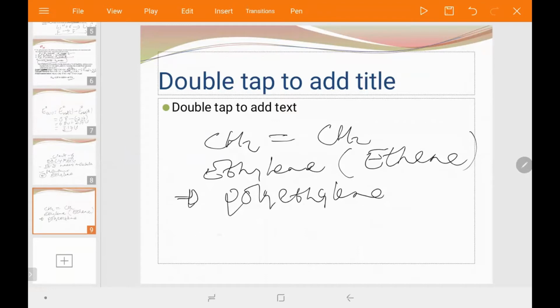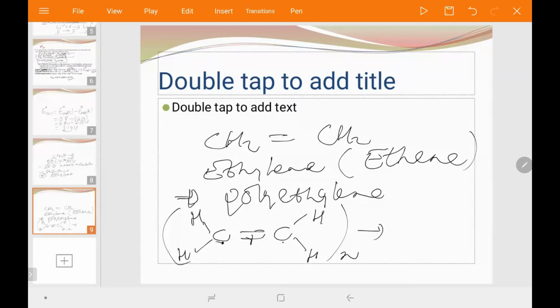Now in this case, n moles of CH2 double bond CH2. When this bond is cleaved or broken down, what will happen? This carbon has an active site, which means it has one free electron.